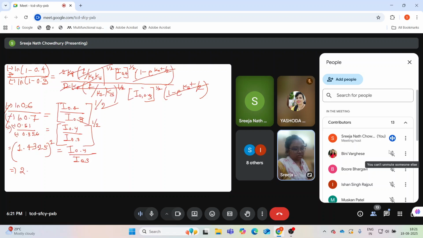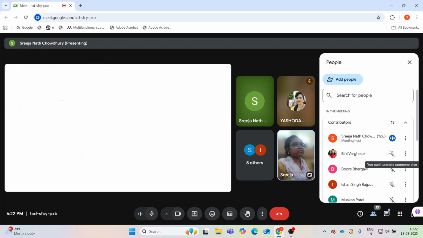2.052 is equals to I 0.4 divided by 10 to the power minus 3.